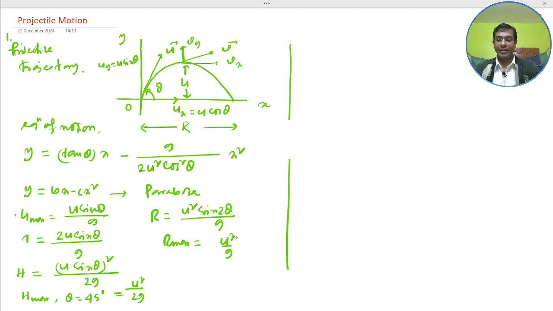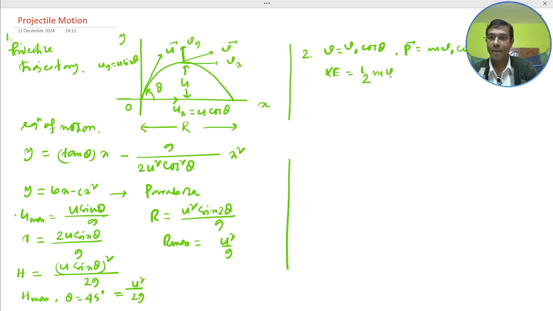So an important point is that at the highest point the v would be v naught cos theta, and the momentum p is mv, so m v naught cos theta. So kinetic energy here is half mv square, basically half m v naught square cos square theta.